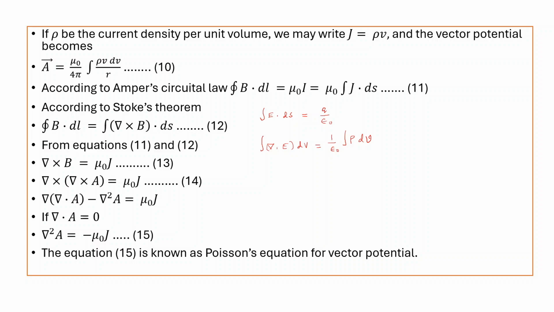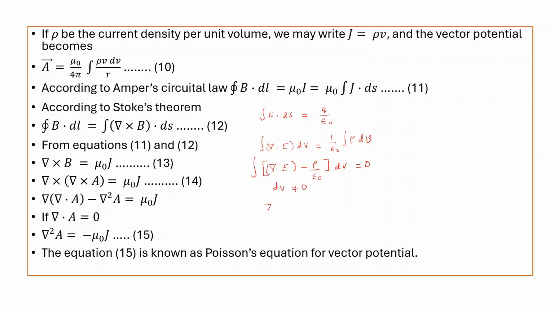Now integral of div E minus rho by epsilon naught, entire multiplied by dV, equal to 0. Here dV is not equal to 0.